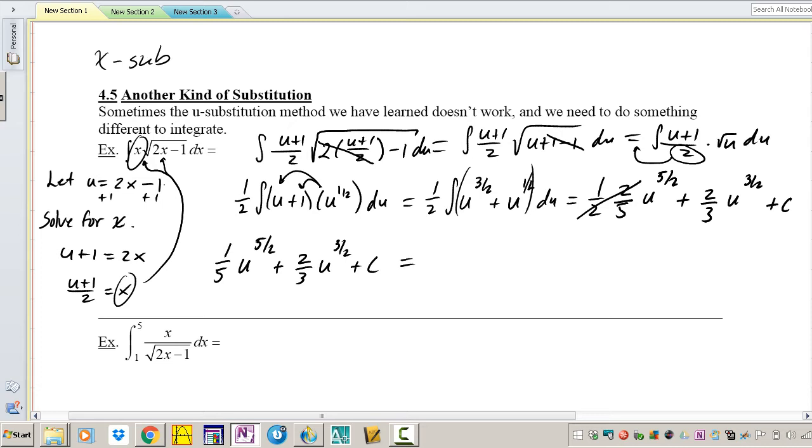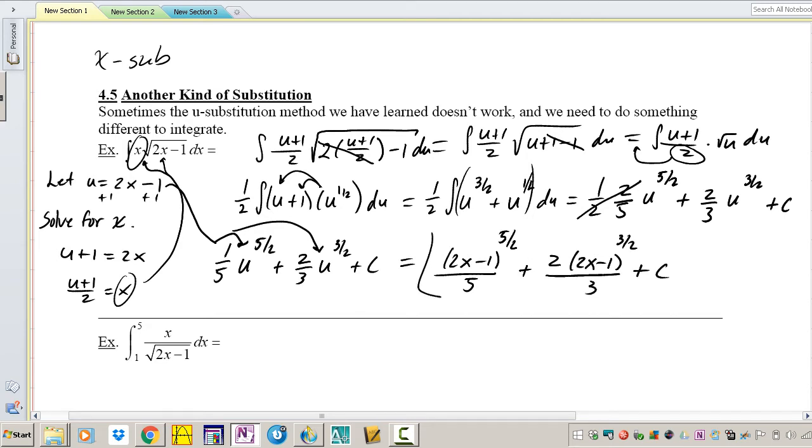And finally, whatever u was, replace it back in. (2x minus 1) to the 5/2 all over 5, plus 2 times (2x minus 1) to the 3/2 all over 3, plus C. And there's your answer.